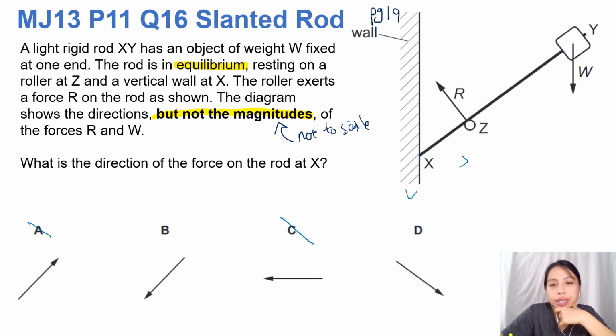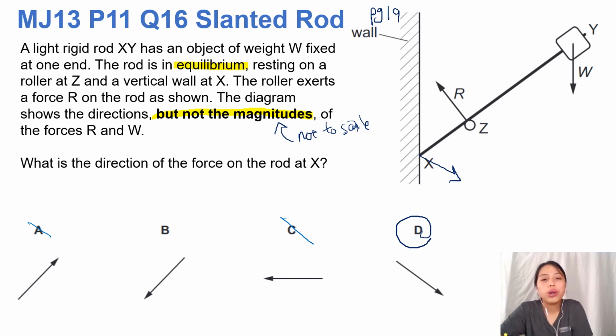So how do we know whether it's B or D in this case? One choice is either here or here. Well, you need to check the moments of the whole thing. So I would say this one is not, this one is. So D is the closest answer you can choose to decide where the wall will be pushing.